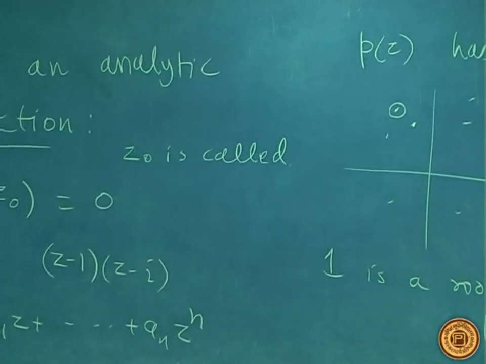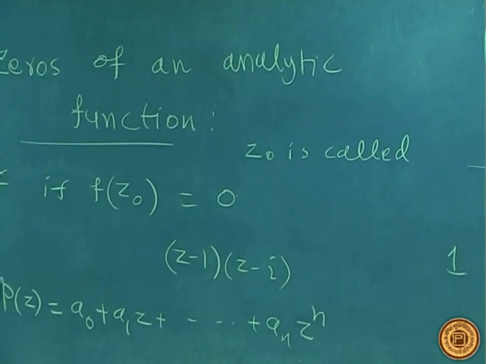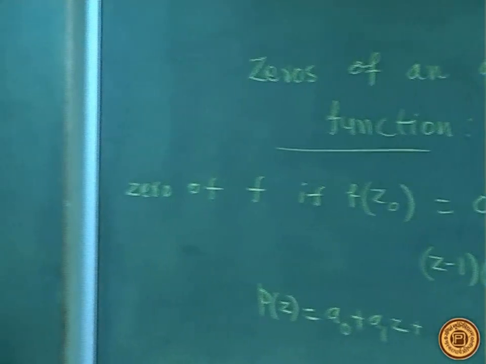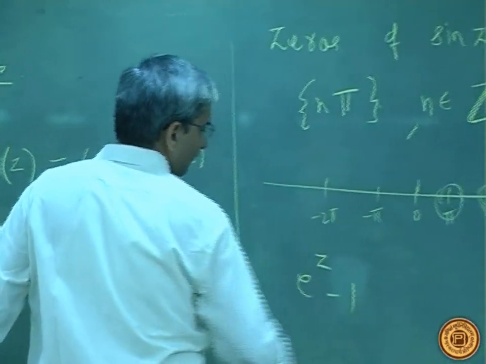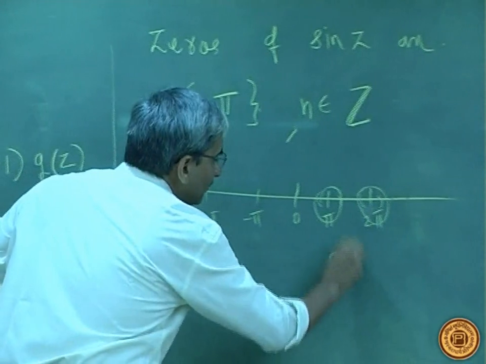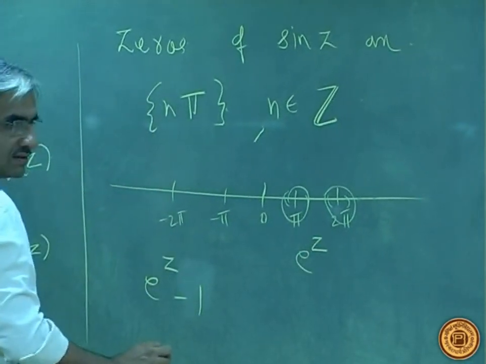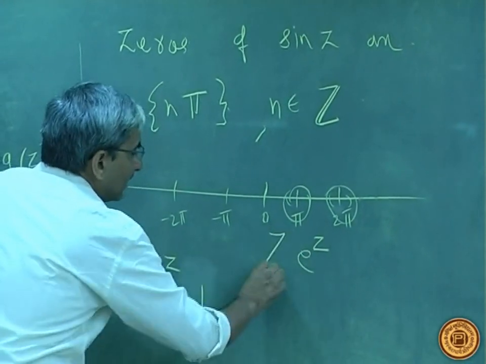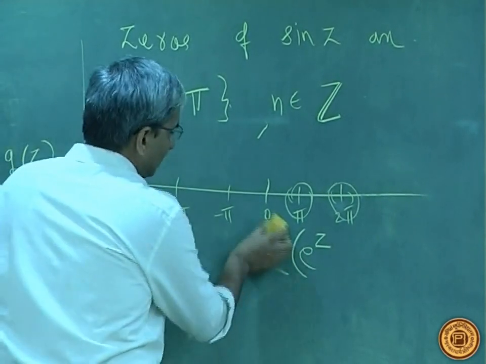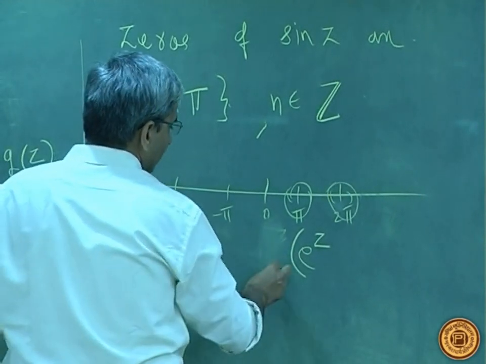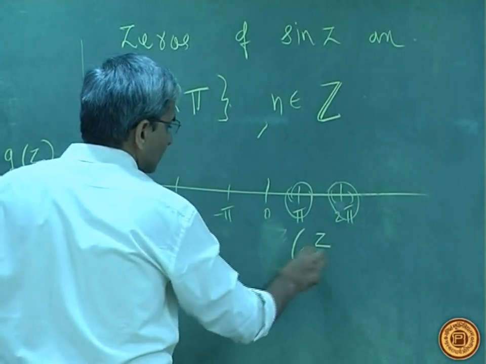Now some other examples: what are the zeros of e to the power z minus 1? What are the zeros of e to the power z? What is the zero set of this? Let me call it the zero set of this, or maybe I will use some other notation later. The zero set of this is what?